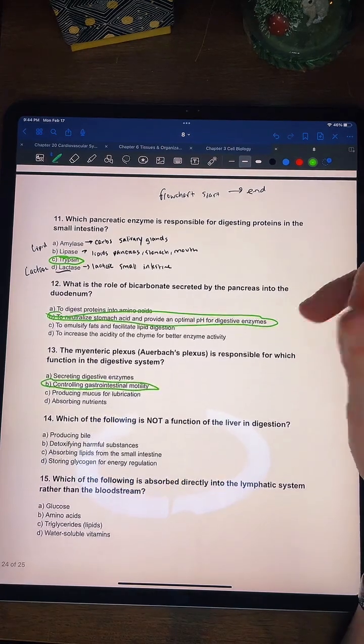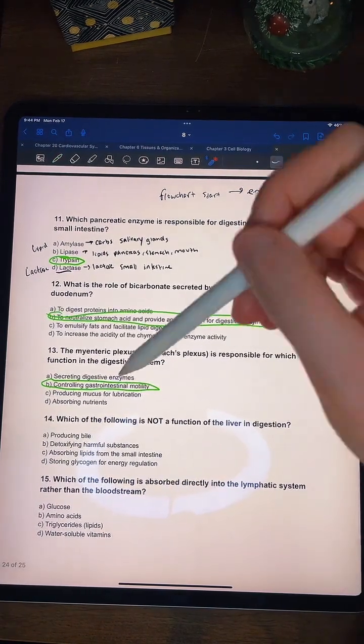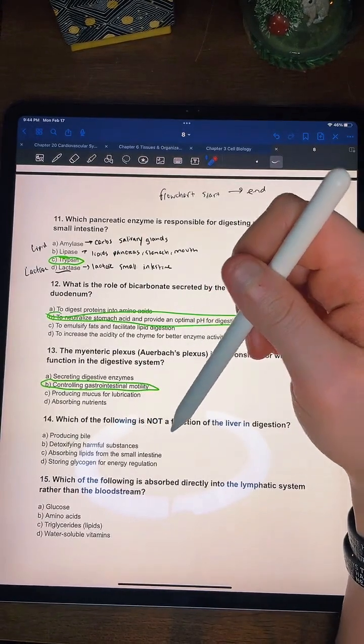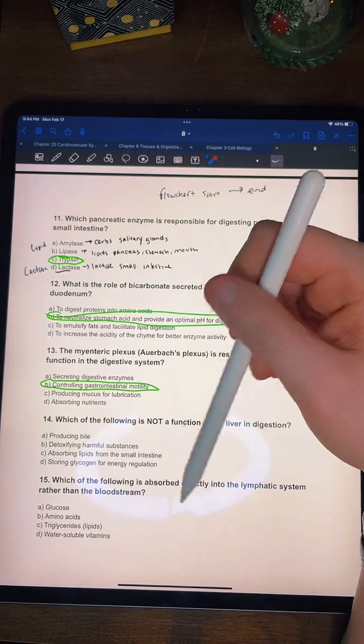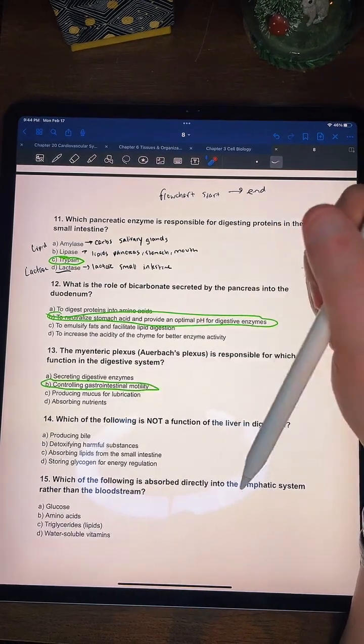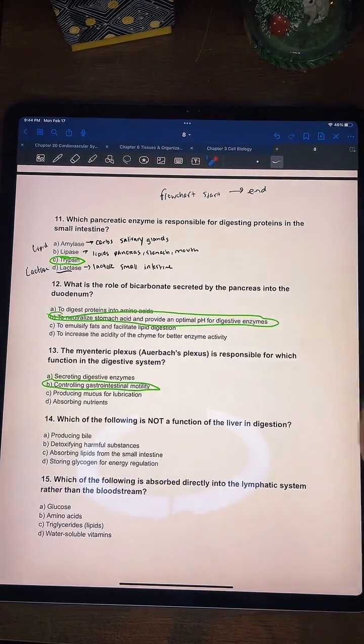All right, last two questions. Which of the following is not a function of the liver in digestion? Is it A, produce bile, B, detoxifying harmful substances, C, absorbing lipids from the small intestine, or D, storing glycogen for energy regulation?